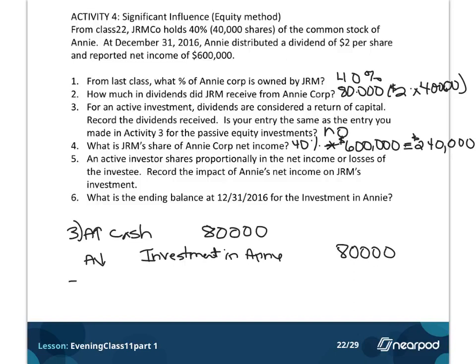So what that means is our financial statements get the benefit if they make money or absorb the loss if they lose money, based on our percentage ownership. So here, when Annie makes money, it makes our investment grow because we own 40% of it. So if it grows, we grow. Okay, so there's our debit, $240,000.